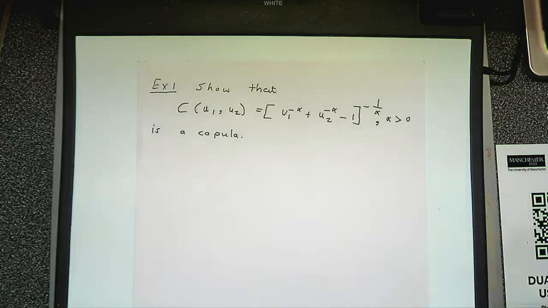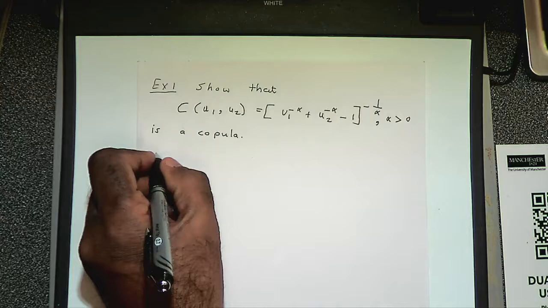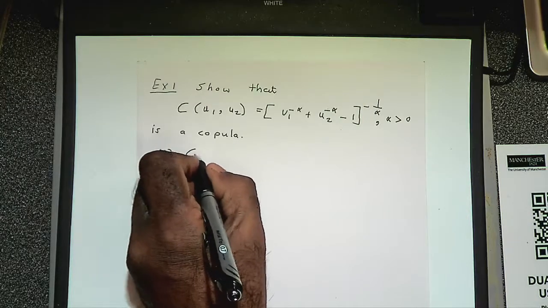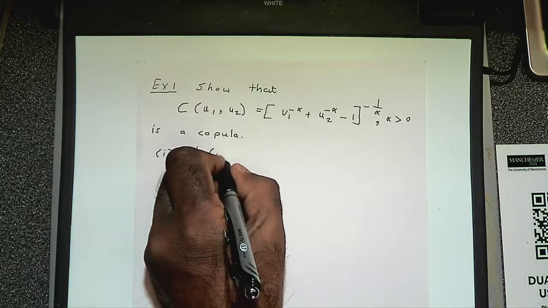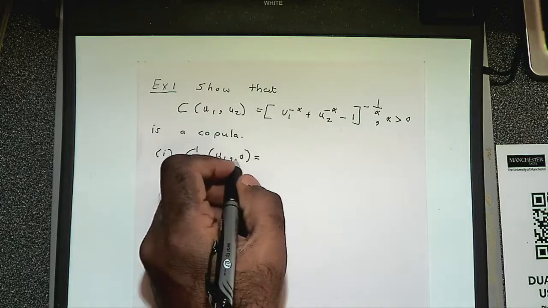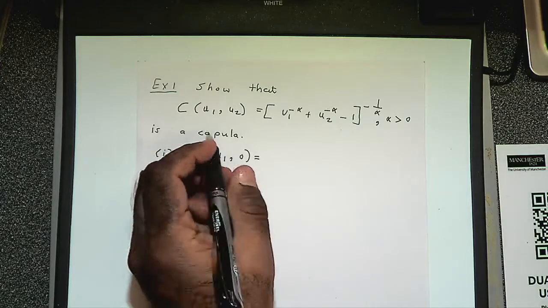All right, guys. So show that this is a copula. You need to check all this. Remember, there are 6 properties that we need to check. So property 1 is that C, you put U2 equal to 0.